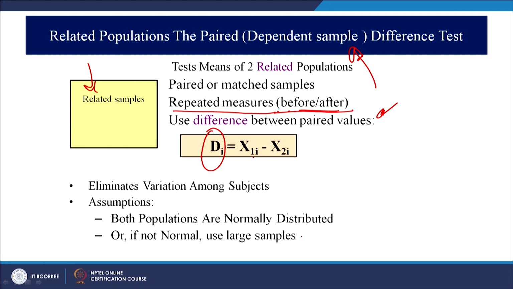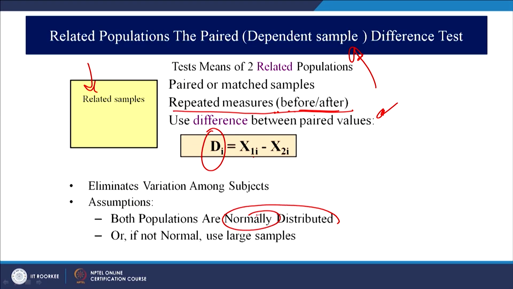So, you will have some data set and then after some time, after let us say giving certain stimuli to the group of students, we will again measure height or weight or some other variable. So, you need to keep in mind two important assumptions, that both the populations are normally distributed, and if it is not normally distributed, then we will take large samples.